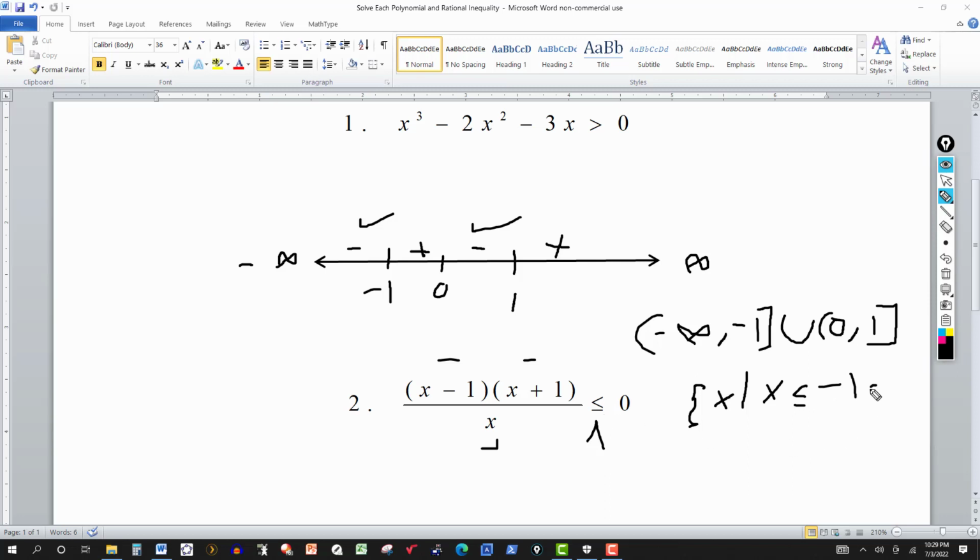And then or x will be greater than 0, okay, no equals on that one. X cannot be 0 because it's in the denominator for that particular one. Don't want a 0 in the denominator. And then this would be less than or equal to 1. And we have parentheses. So this is what I usually ask my students to give the answer as.